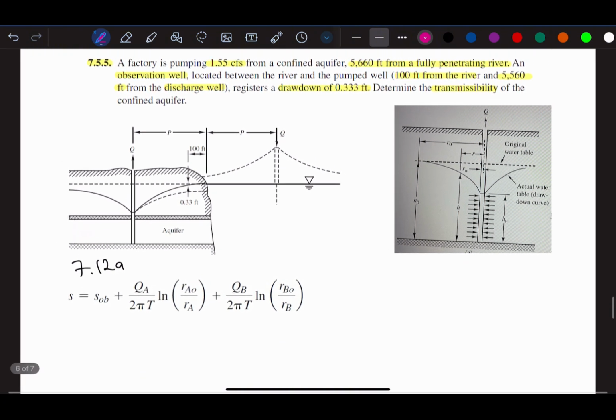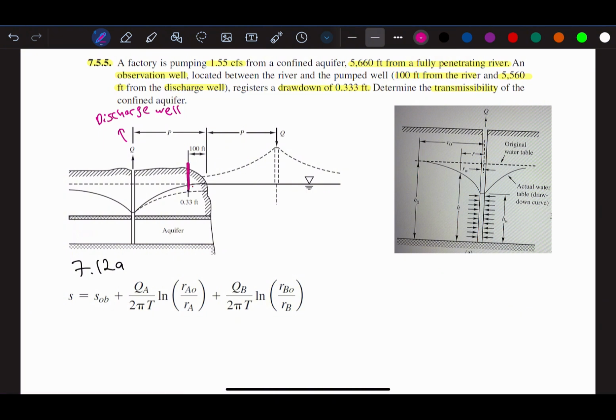So as the question stated, we have a discharge well here. And we have an observation well. It is 100 feet from the river.